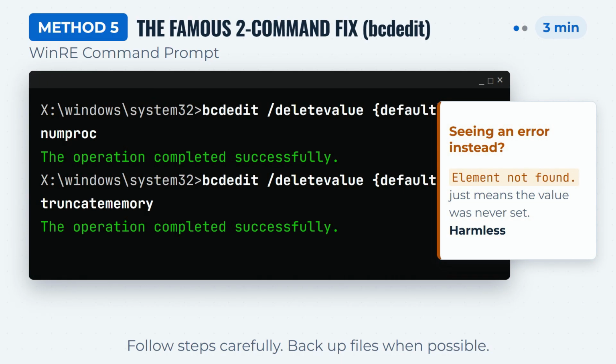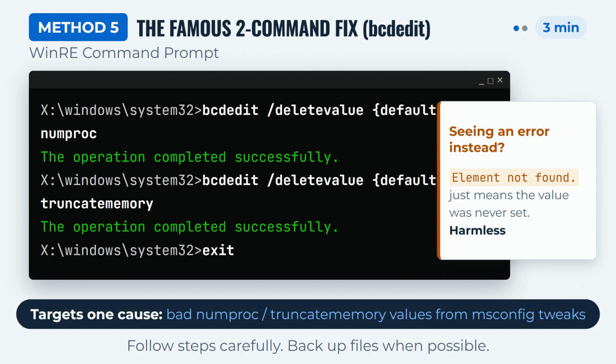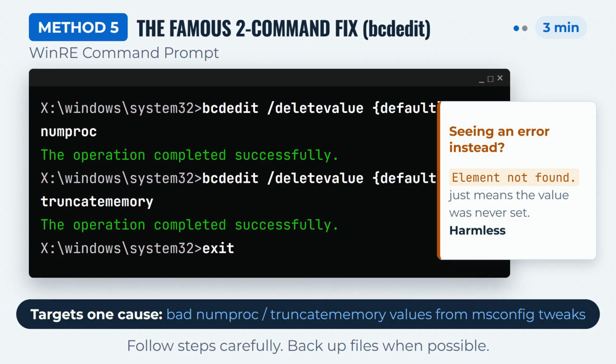Type the first command exactly as shown and press Enter. Then the second. Each one should answer: The operation completed successfully. If you see element not found instead, that value was never set. That is harmless. Continue. Close the window and click Continue to reboot.